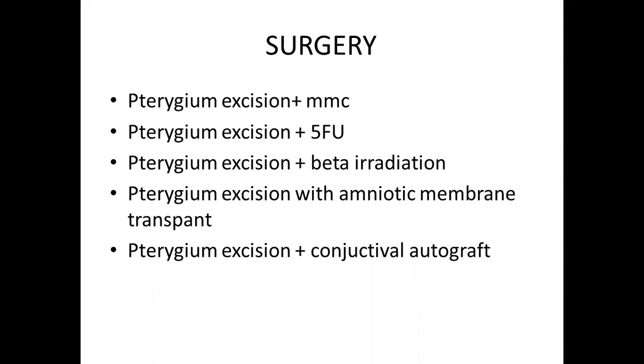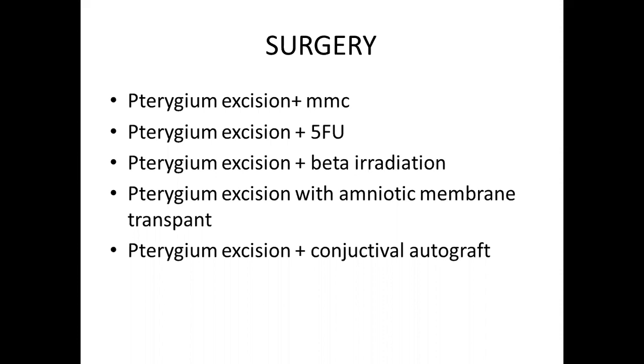But because pterygium is a fibrovascular growth, just like other growths in the body, it has been shown to reduce the growth and even the cells that are prone to growth.